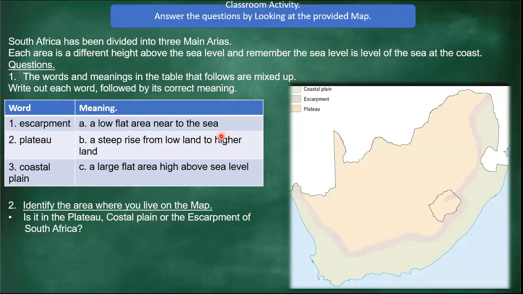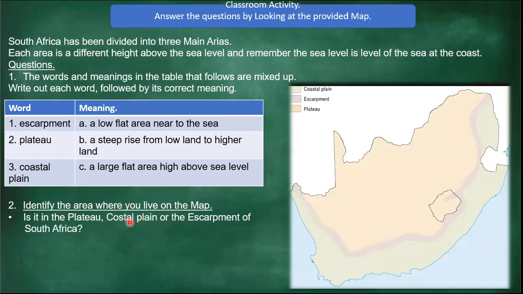Ma'am, I think it's the coastal plain. You are from the coastal plain. Where? In Gauteng. You are from Gauteng. Yes, ma'am. No, coastal plain is next to the sea.